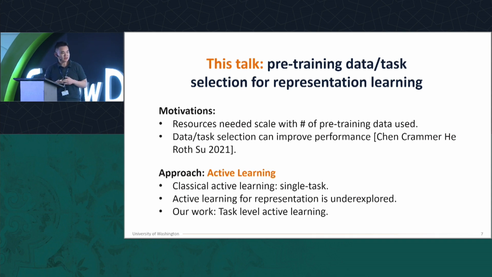What we do is active learning for representation learning, so it's a different angle from classical active learning. Our goal is to learn good representations, and to select which relevant tasks to include during the pre-training phase. Today I'll describe our work on task-level active learning for the multitask representation learning setting.